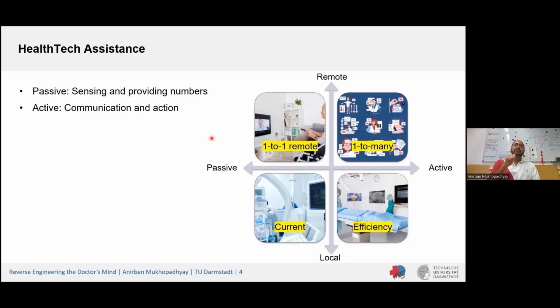But what we are relying on there is the old model of one-to-one consultation. What we should be talking about rather is a model that is time parallel, in the sense of one-to-many.